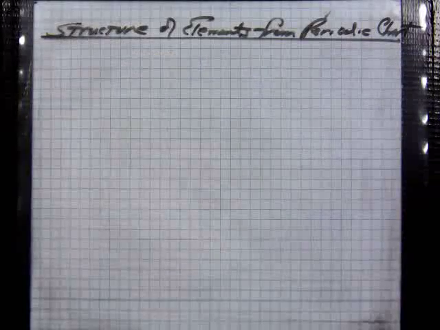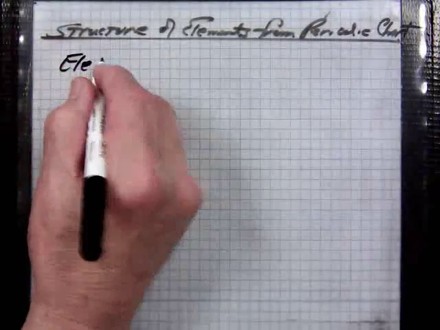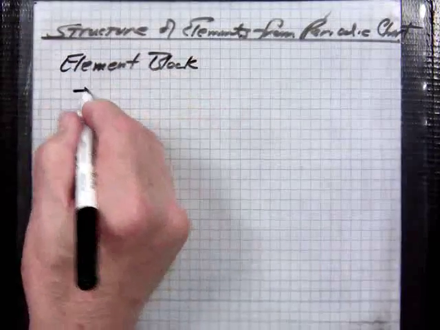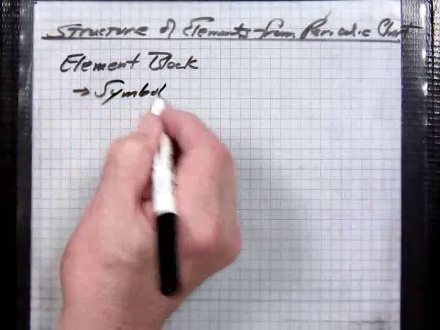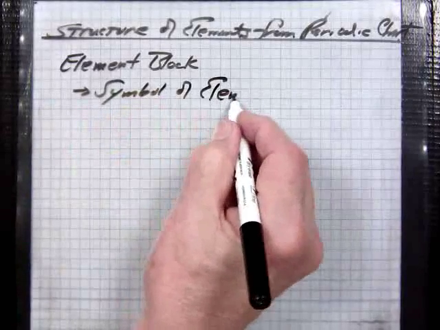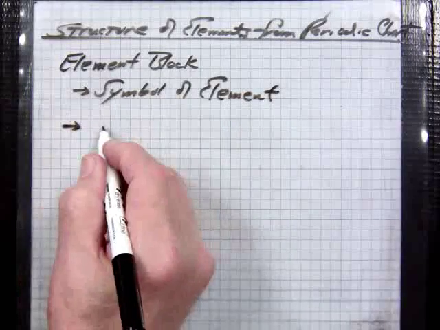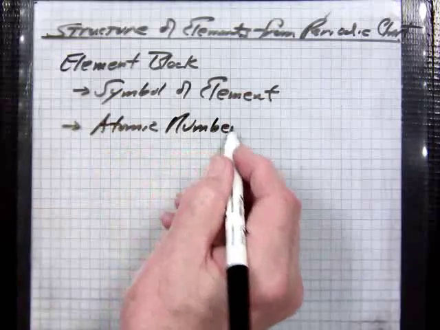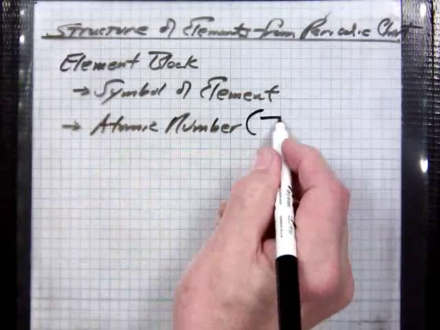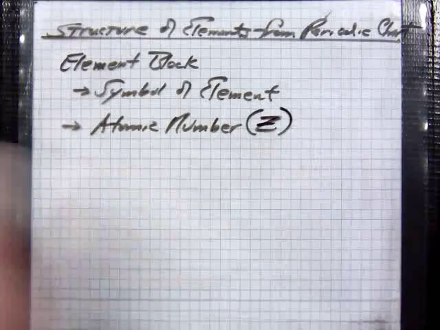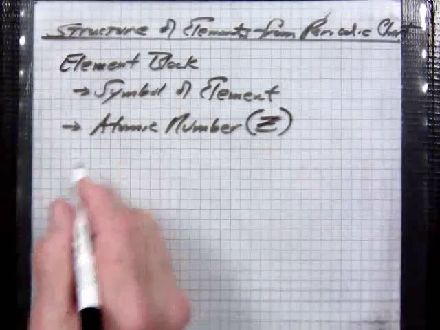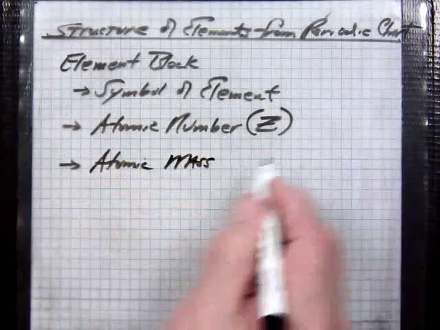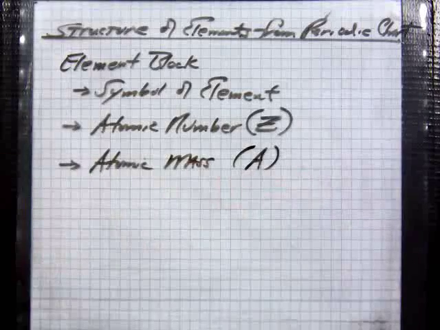Within an element block, you have the symbol of the element, its atomic number, which is typically given by the symbol Z, and the atomic mass, given by a capital A symbol.